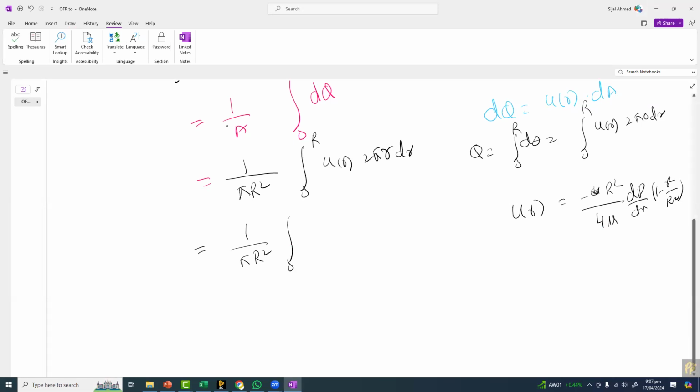So put this into the equation: minus R square upon 4 mu dp by dx, 1 minus r square upon R square, into 2 pi r dr.